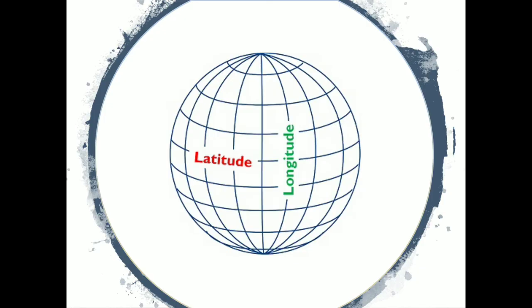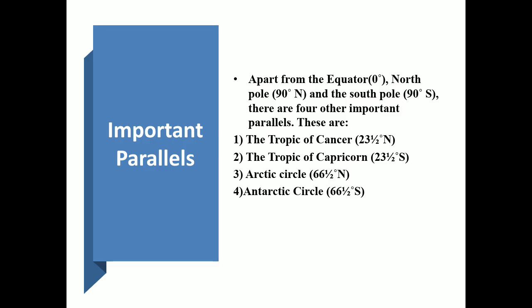So you can have a better idea from this picture. The line which is lying flat, forming a circle, is known as the latitude, and the line which goes from up to down, from the north pole to the south pole, is the longitude.